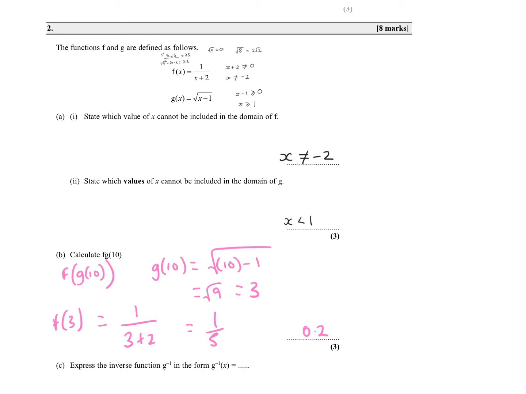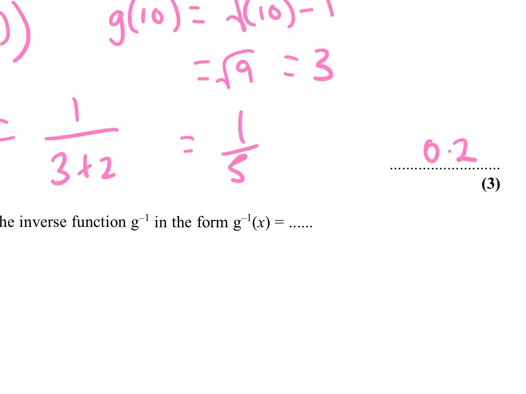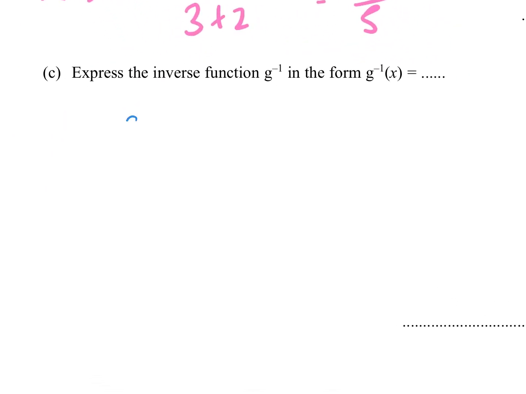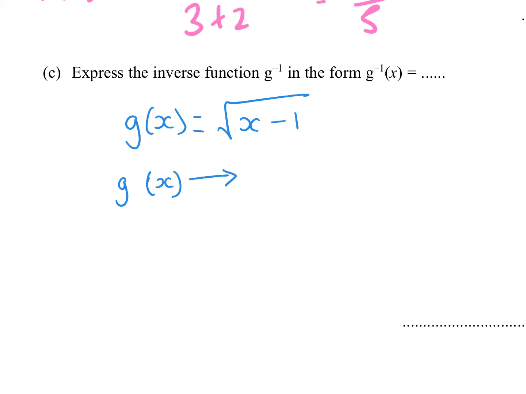It now says, express the inverse function g to the minus 1. So we know g of x equals the square root of x minus 1. Imagine this is a function machine, okay?